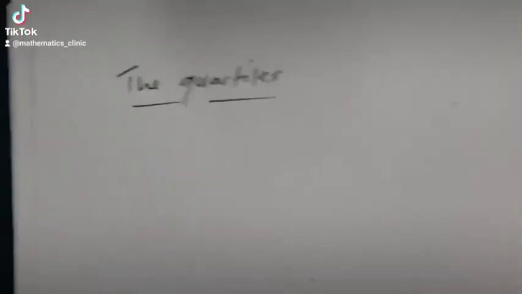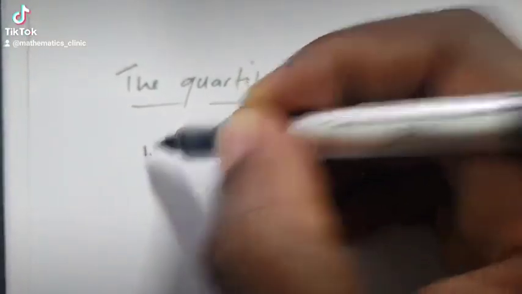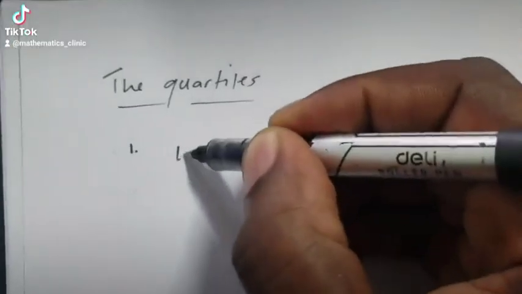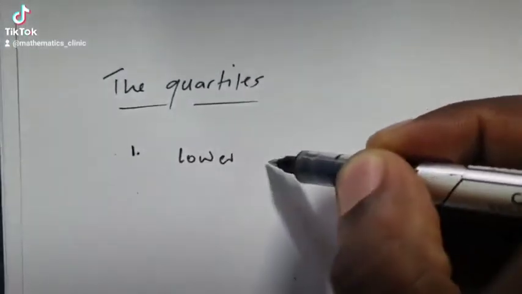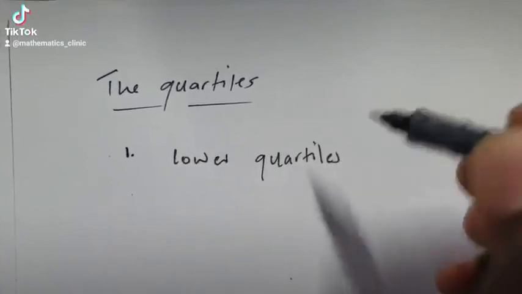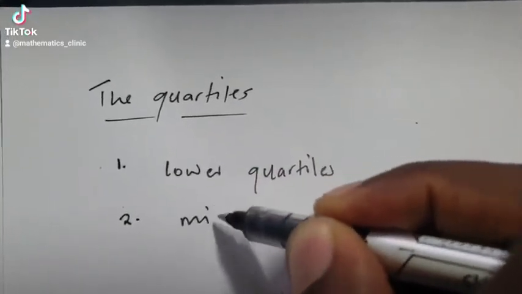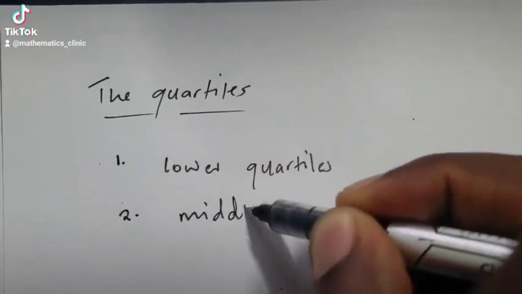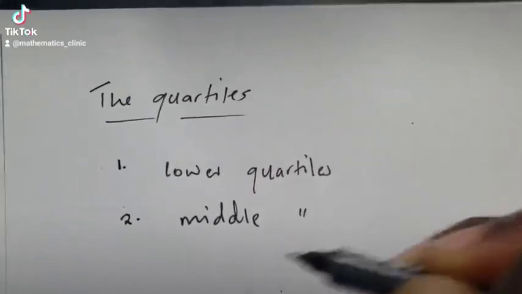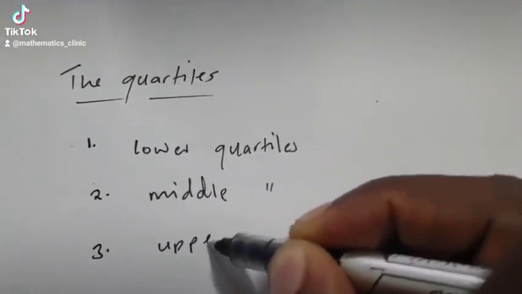The quartiles are categorized into the lower quartile, then the middle quartile, then the upper quartile.